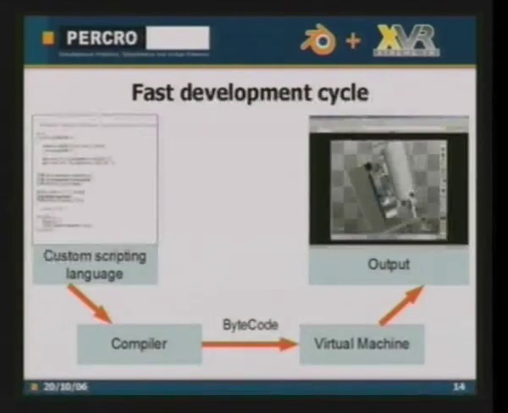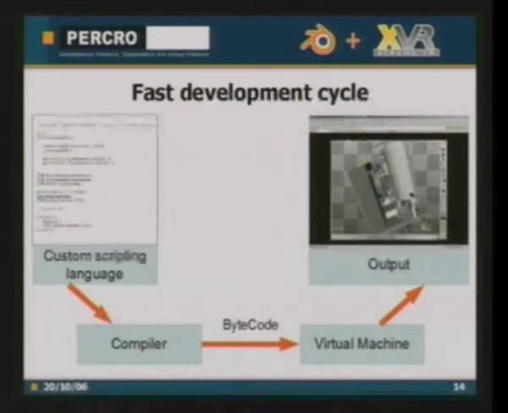There is a fast development cycle because it's true that it is a compiled language, but compilation is extremely fast, also for huge projects. And so you can just try out things and see how they come out at the end and change it.